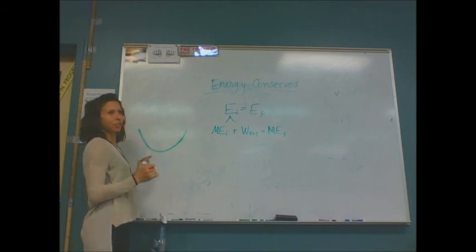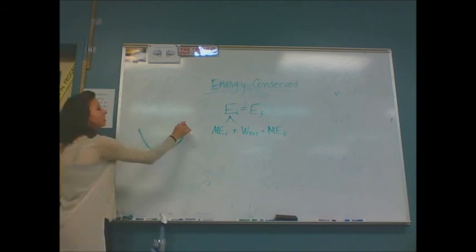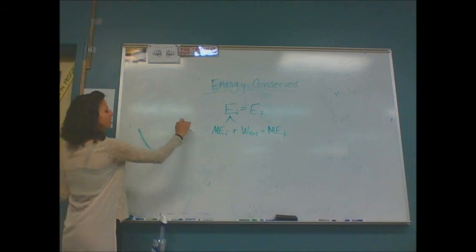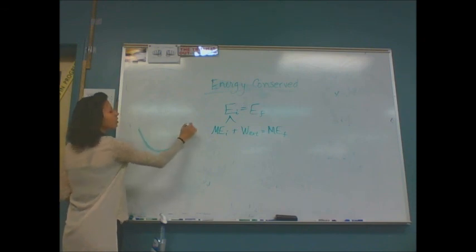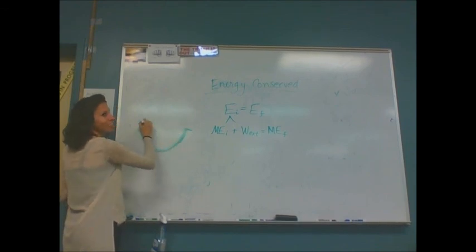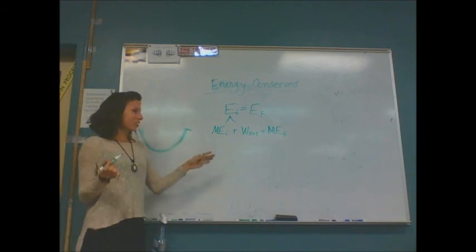Potential is converted to kinetic, back to potential, back to kinetic, et cetera. So the total amount of mechanical energy in the system is the same, but it goes all potential, some kinetic, some potential, all kinetic, all potential, et cetera. None of it will be lost to friction. So the total amount of mechanical energy in the system remains constant.